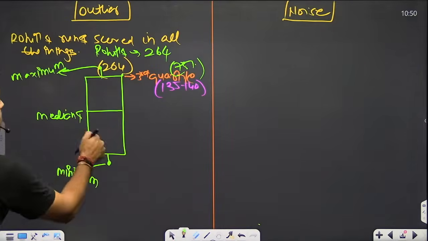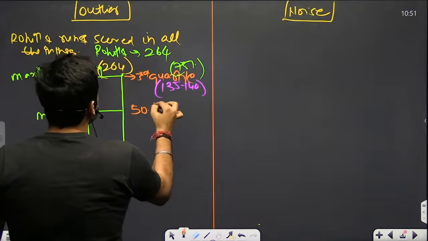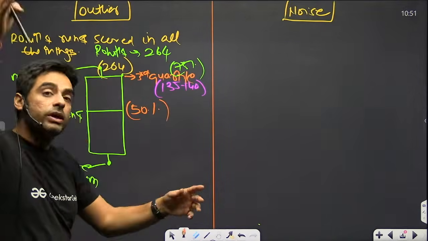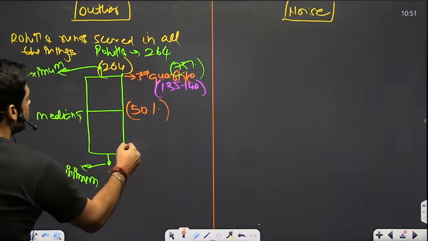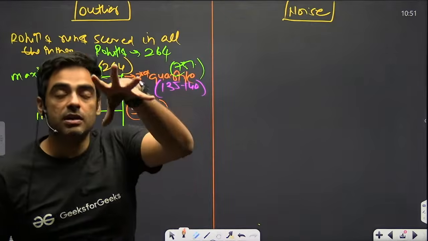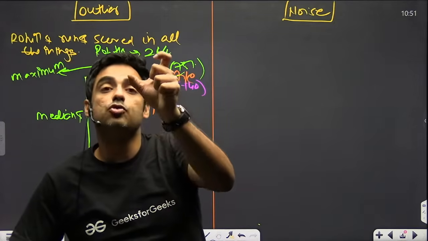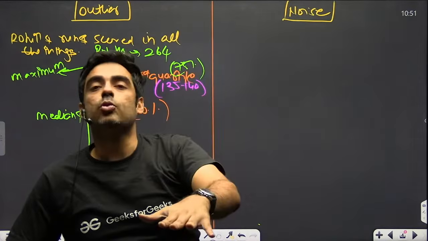This is the median, the 50% of the total scores in all the innings he has played. This is the first quartile, the 25% of the scores he has scored in all the innings till now.